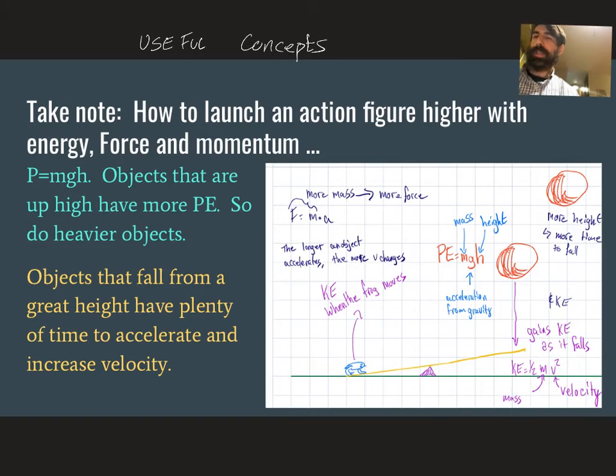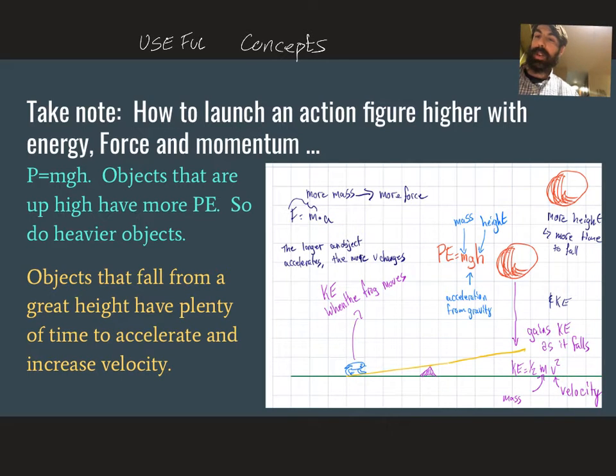This is a review of some useful concepts that apply in this lab. Remember Newton's second law. More massive things hit with more force. And force also depends on acceleration. On Earth, acceleration is constant.